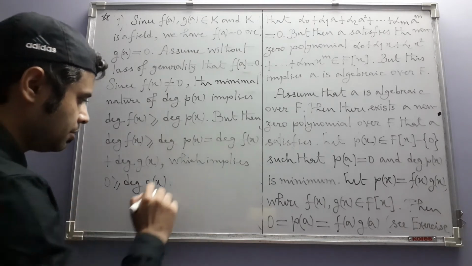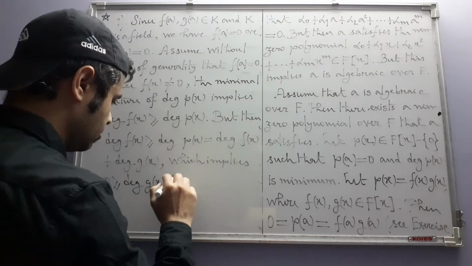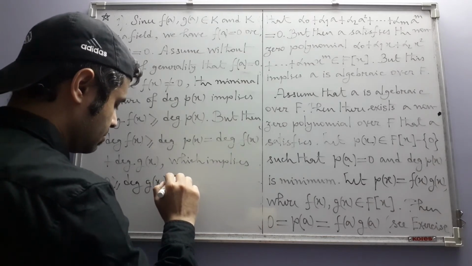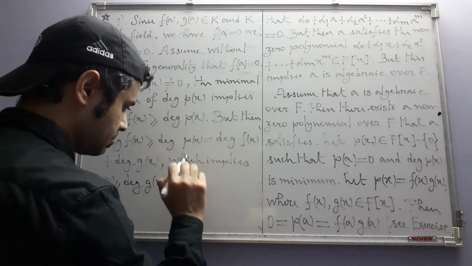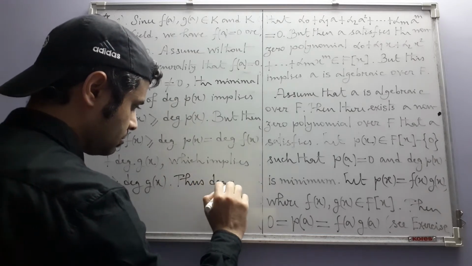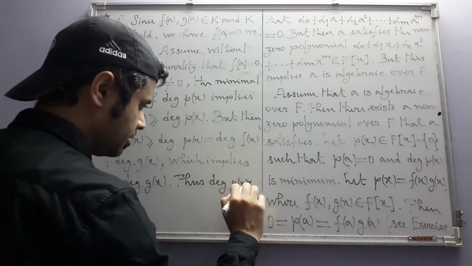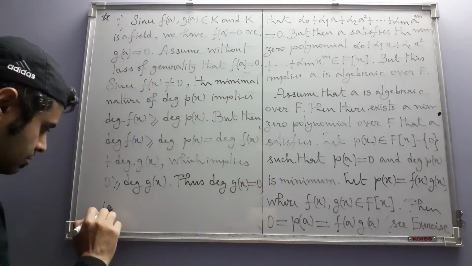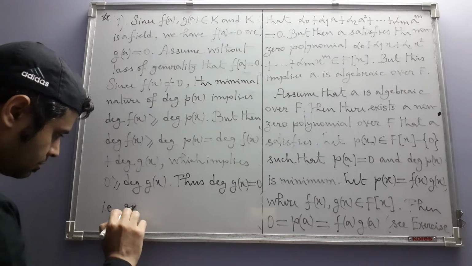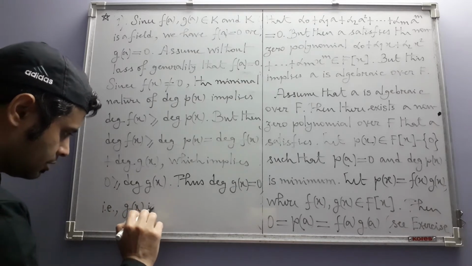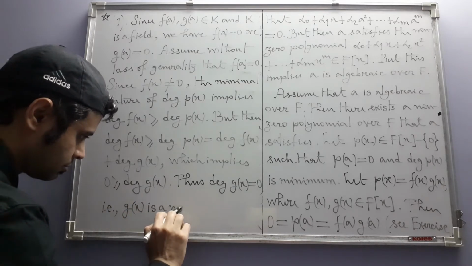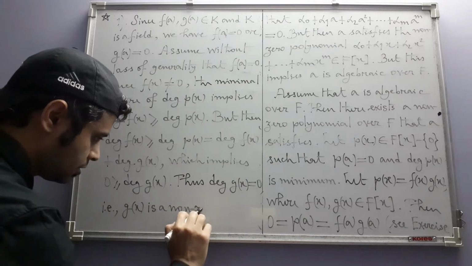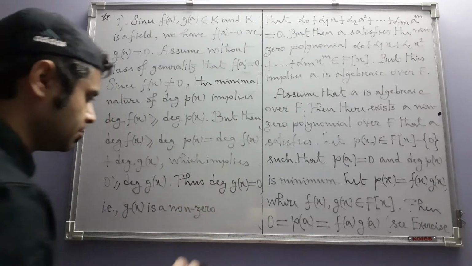So the only choice is this. Thus, the degree of Gx is equal to 0. That is, Gx is a non-zero constant polynomial.